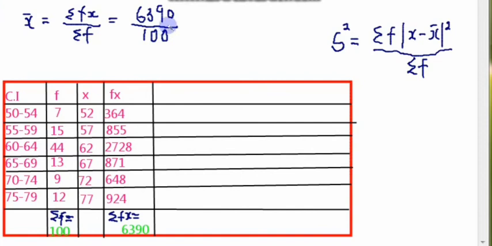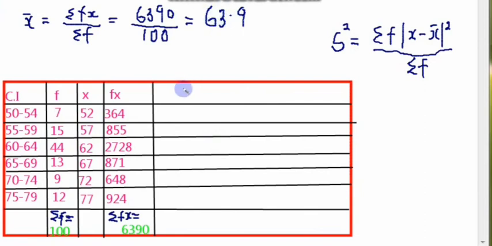Use your calculator to press it. 6,390 divided by 100 gives us 63.9. So this is our mean. Our mean is 63.9.